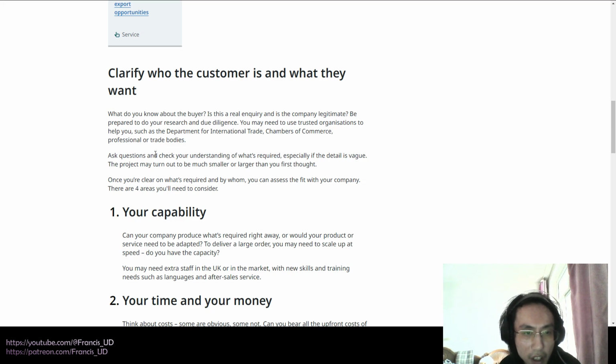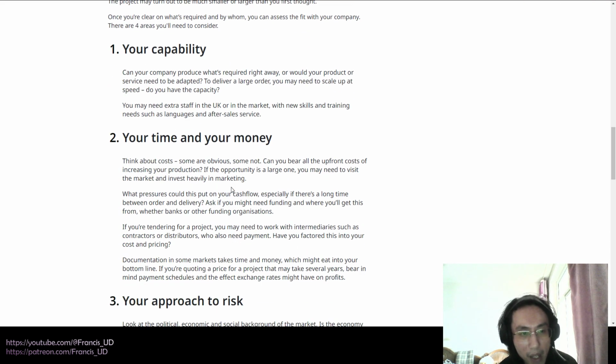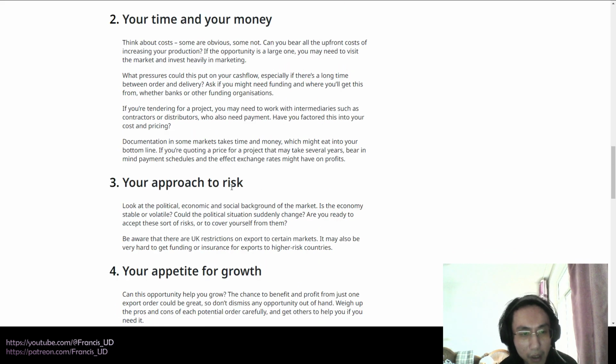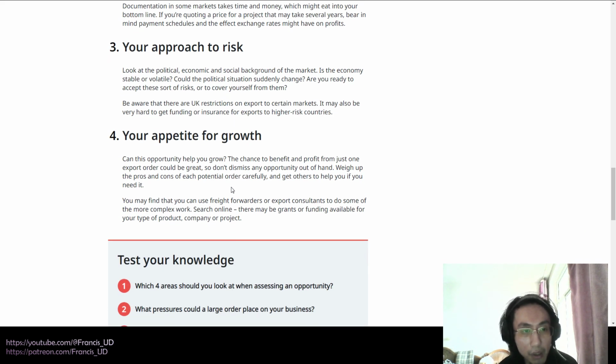Ask questions and check your understanding of what's required, especially if the detail is vague. The project may turn out to be much smaller or larger than you first thought. Once you are clear on what's required and by whom, you can assess the fit with your company. There are 4 areas you will need to consider. 1, your capacity. 2, your time and money. 3, your approach to risk. 4, your appetite for growth.